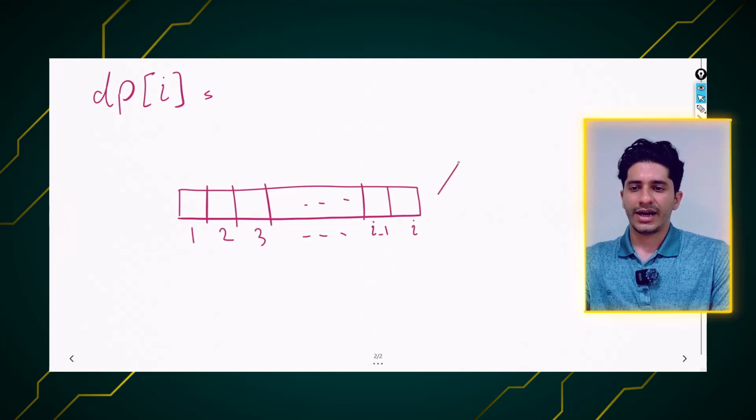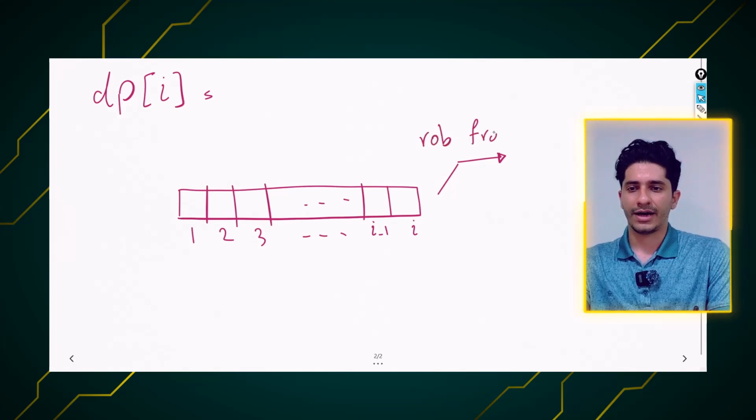We only have 2 possibilities. Either we are going to rob from house number i, or we are going to not rob from it, or ignore house number i.